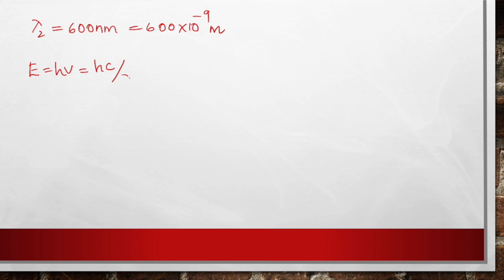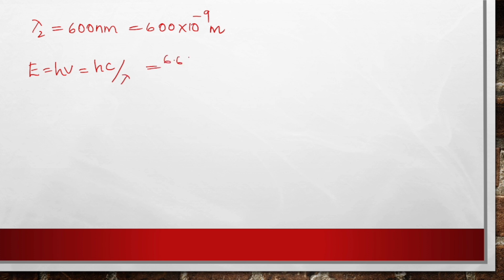Next, lambda 2 also is given, isn't it? Lambda 2 is 600 nanometer, that is equal to 600 into 10 raised to minus 9 meter. Energy E is equal to h nu is equal to hc by lambda is the equation.